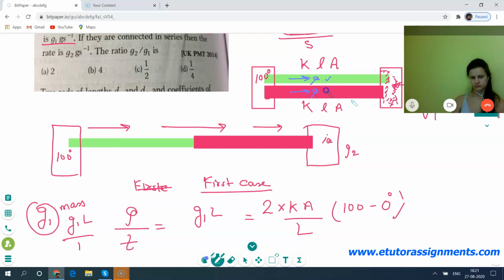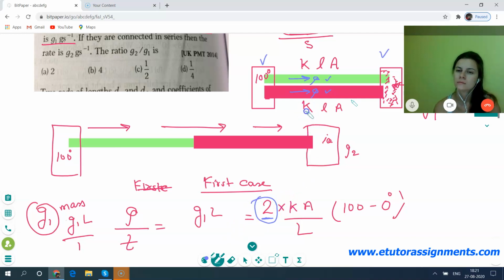Because both rods are of the same material, same length, same cross-section area, both rods will transfer the same heat. Correct or not? So I can say the total heat transfer from here to here is double that of one rod. You understood? Double of one rod. Yes, so I have made it 2. Do you agree with the 2?